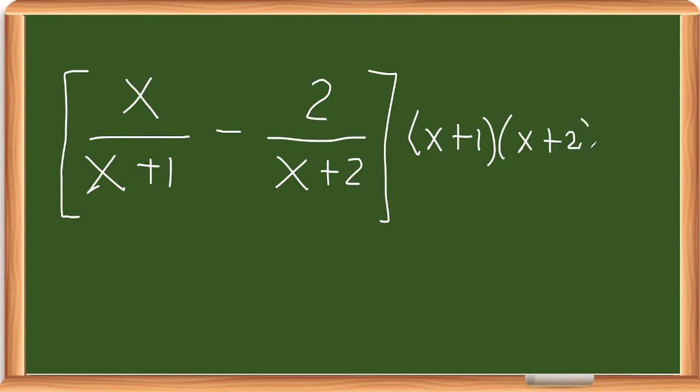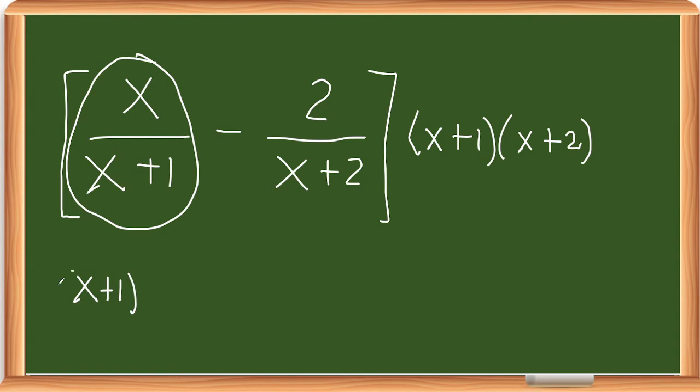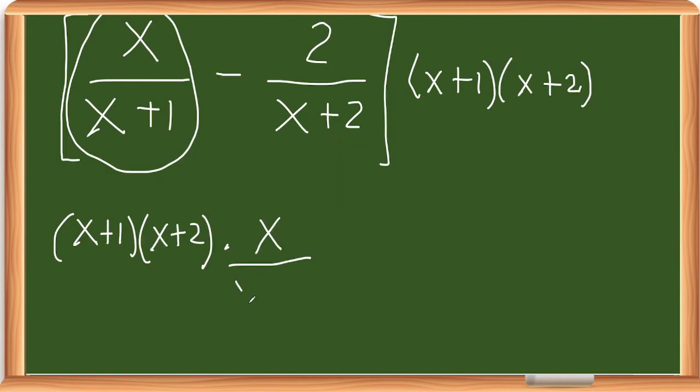Okay, so subukan natin siya i-multiply one by one. Unahin natin siya i-multiply dito. Okay, so yung x plus 1 times x plus 2, multiply natin sa x over x plus 1.